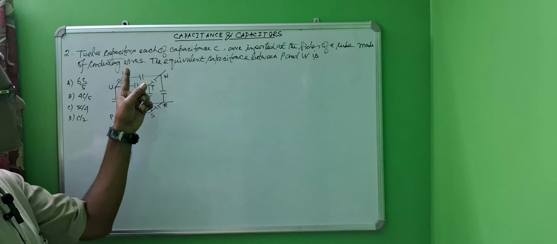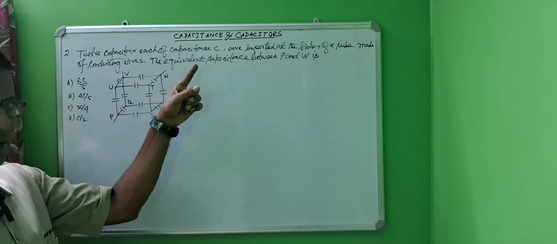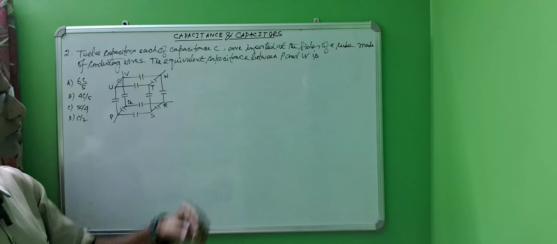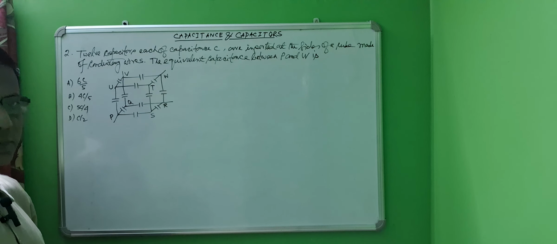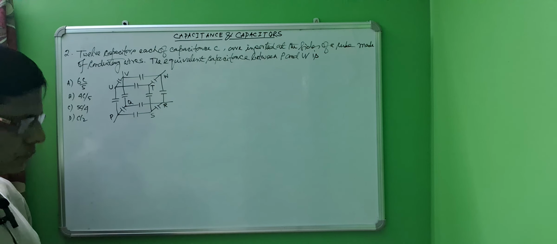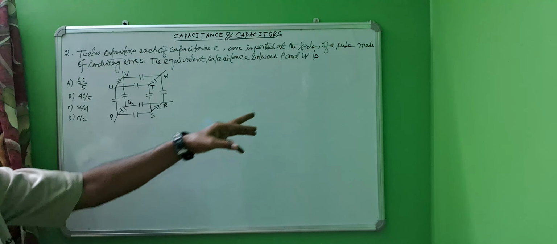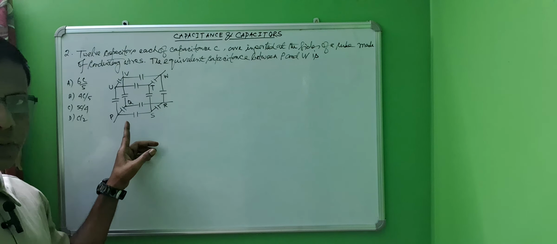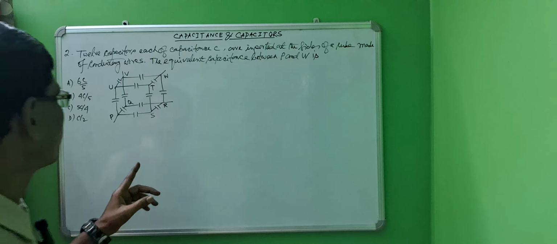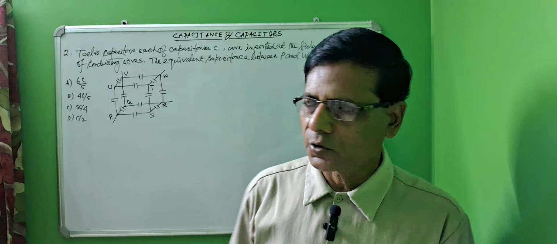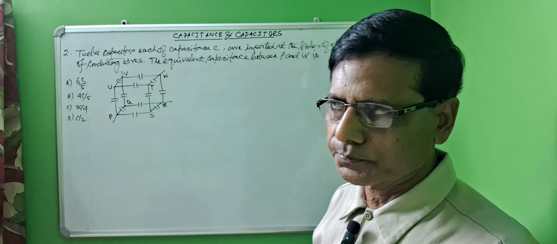12 capacitors, each of capacitance C, are inserted at the sides of a cube made of conducting wires.